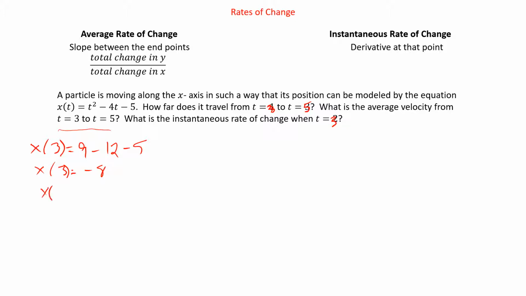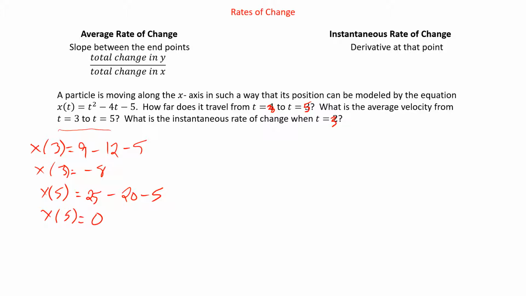And x of 5 is 5 squared, which is 25, minus 4 times 5, which is 20, minus 5. So x of 5 is 0.